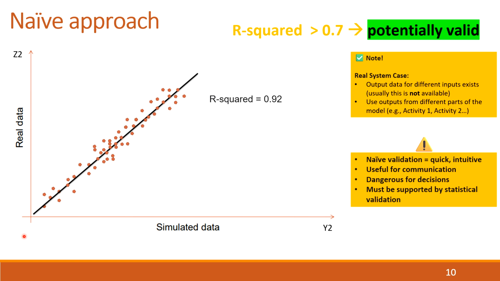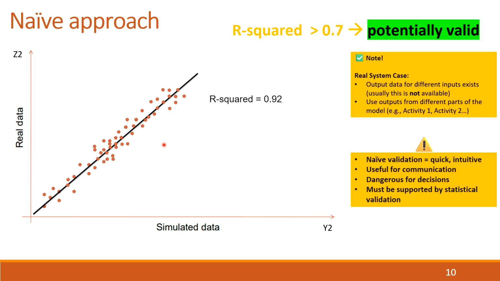In a good case, our data points can be described with a line. As I have stated, this is just a graphical representation, which works very well when we would like to demonstrate the results of our validation to the stakeholders.